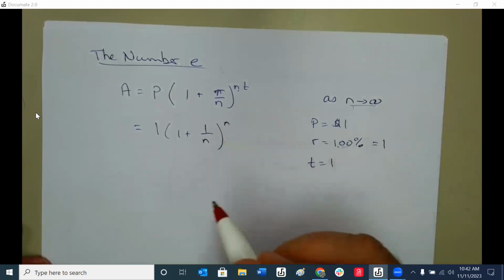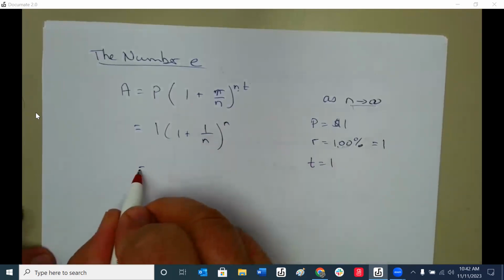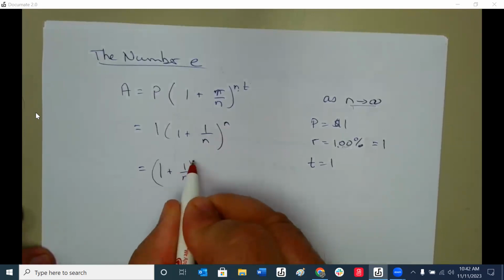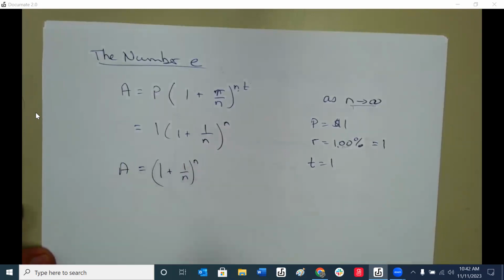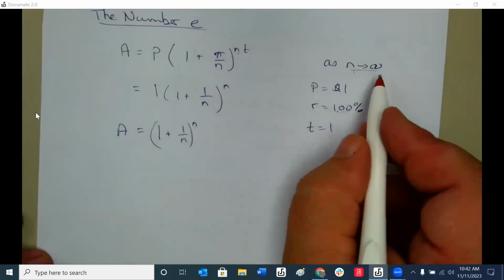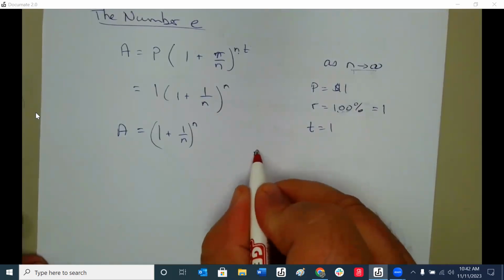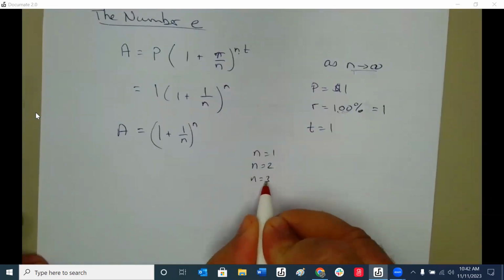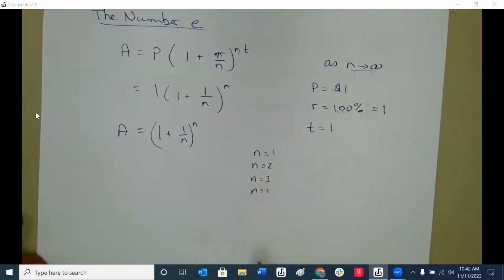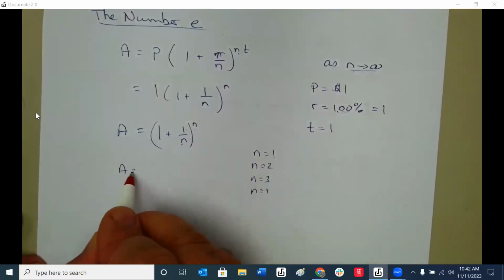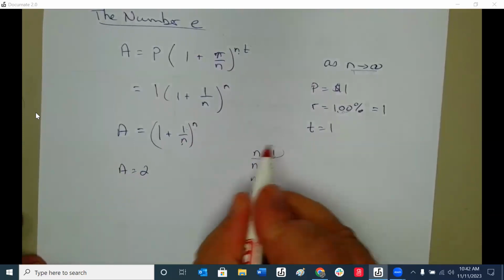N times 1 is n. So what we have is 1 plus 1 over n, to the power n. So as n goes towards infinity, first off, n starts at 1. Then n goes to 2, then 3, then 4. When n is 1, 1 over 1 is 1, plus 1 is 2. So the answer is 2 when n is 1.